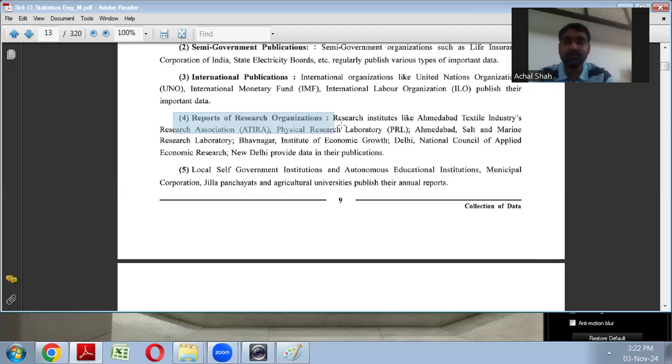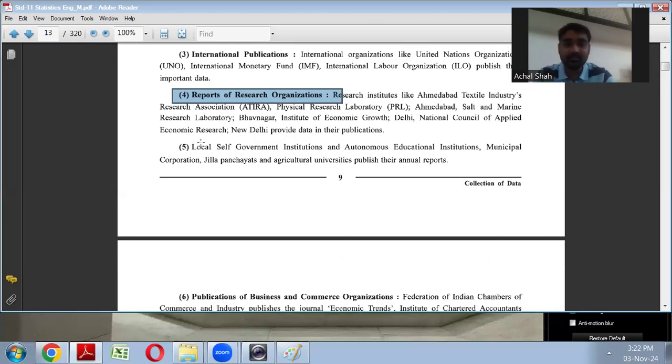Then you can also take help of the research organization reports, right? There are some research institutes which carry out research work like Ahmedabad Textile Industry Research Association, PRL Physical Research Laboratory, right? Such research institutes' reports can be helpful as a secondary data.